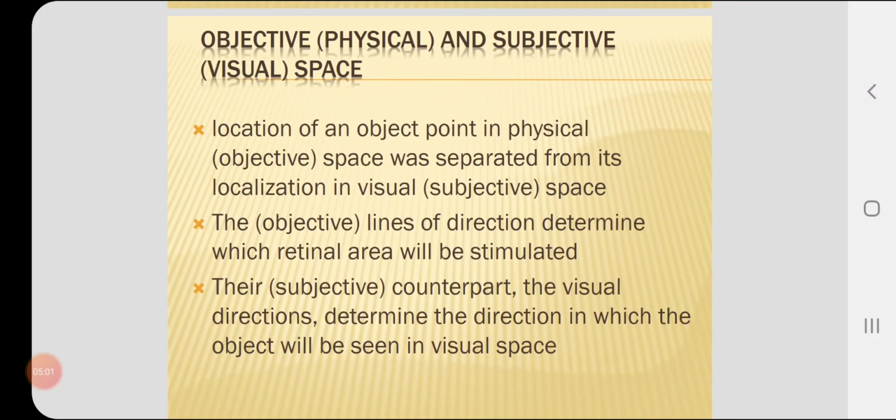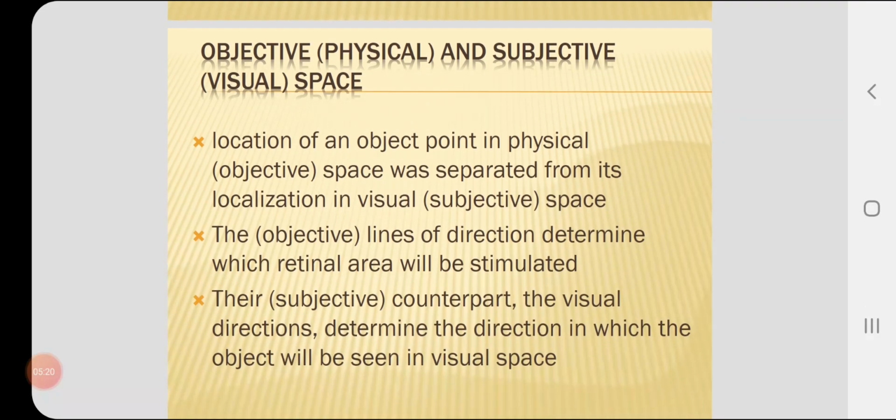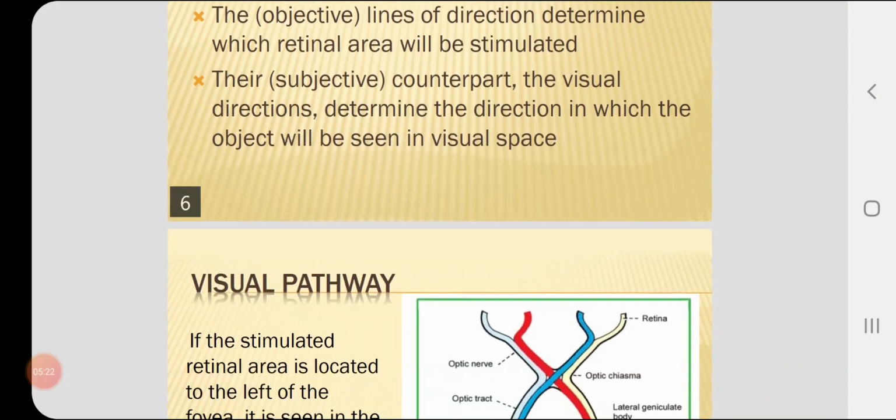So this is all about physical space and subjective space. Physical or objective space exists regardless, while subjective or visual space depends on the subject, that is, how the person will visualize or perceive the object.